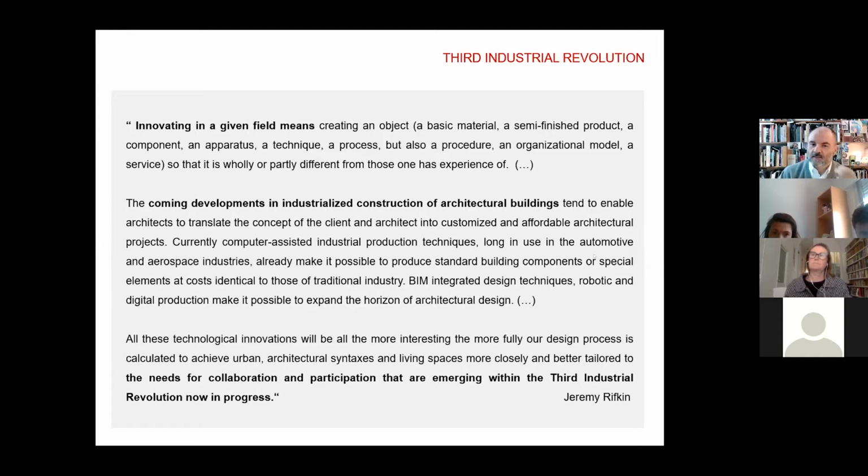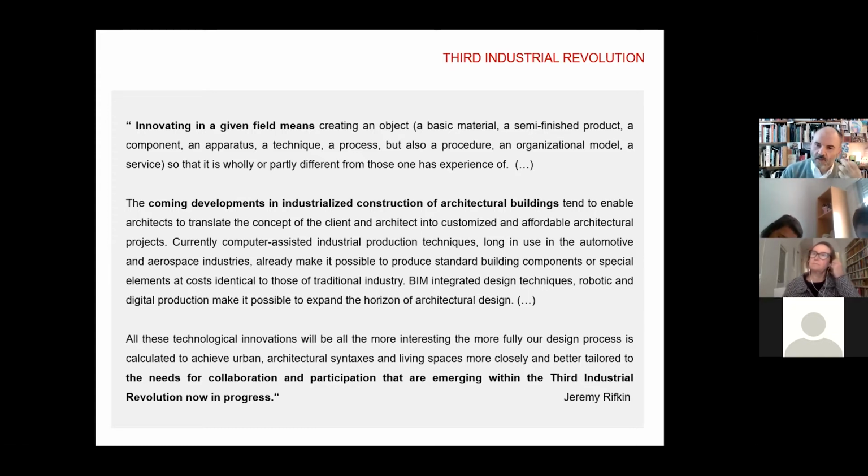So it's very interesting that all the innovation in production, such as computer-assisted industrial production techniques, automotive, aerospace industries, BIM, building information modeling processes, robotic construction, the customization in construction, and so on, all of them are pointing to adapting the final result to the user's desires or dreams.